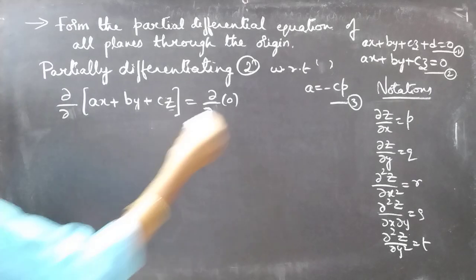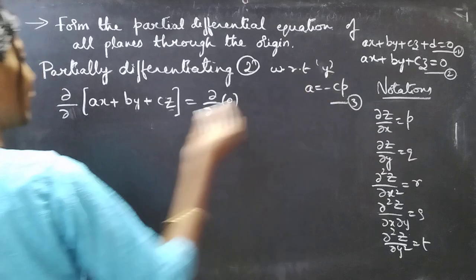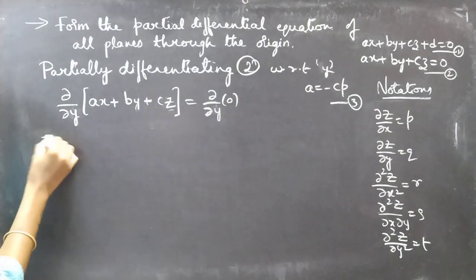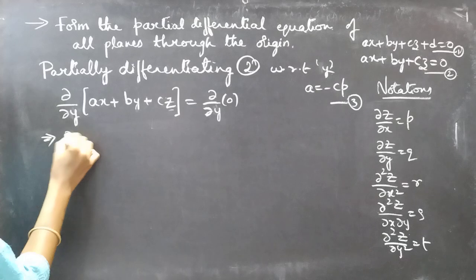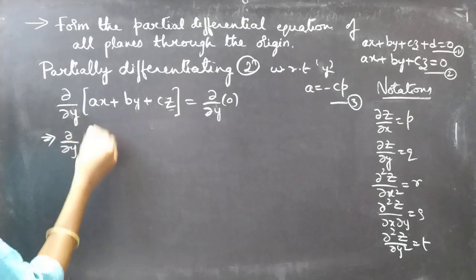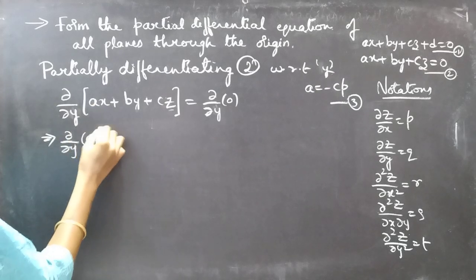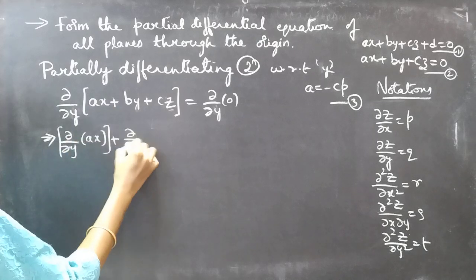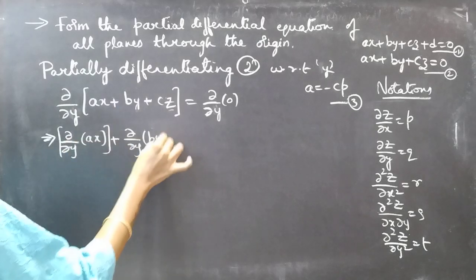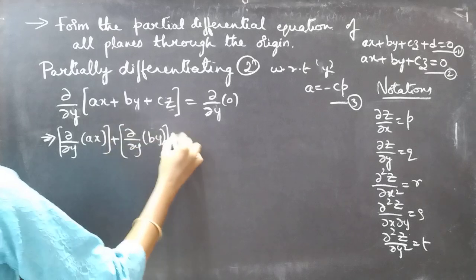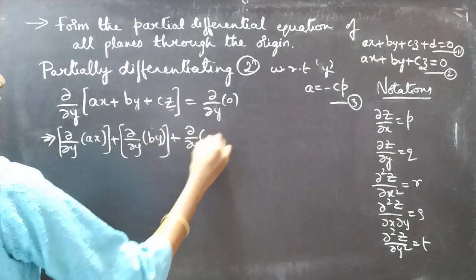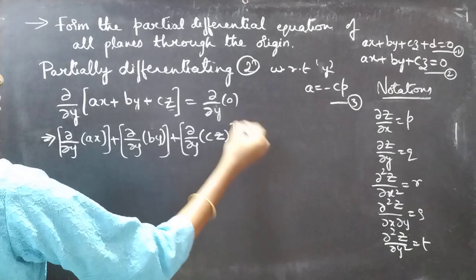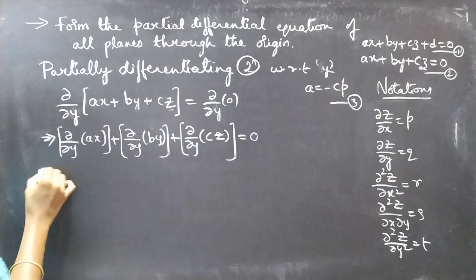Now partially differentiating 2 with respect to y. Since we are partially differentiating with respect to y, x will be treated as constant here. You can skip the first 2 steps. Dou by dou y of by plus dou by dou y of cz equal to the partial derivative of a constant with respect to y, which is 0.